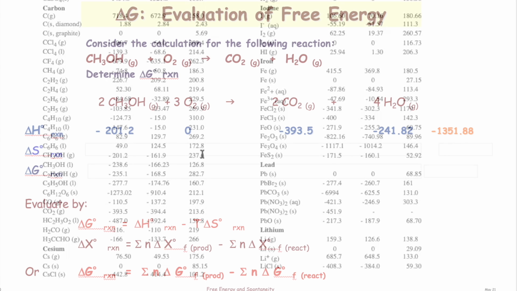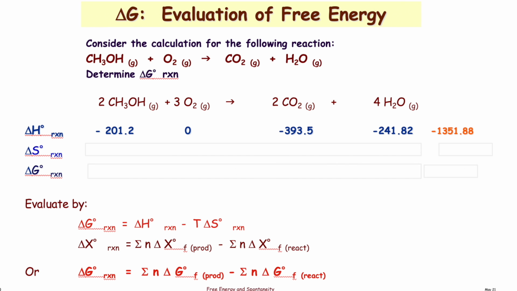Once you do that, here they are for all these chemicals as found in the table. Then you can calculate products minus reactants. It's always final minus initial. Products are your final chemicals in a reaction, reactants are your initial.